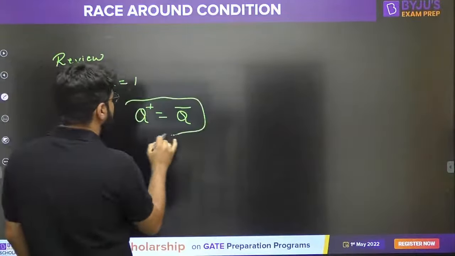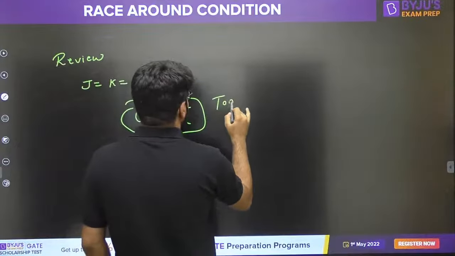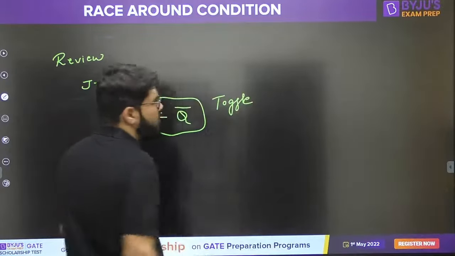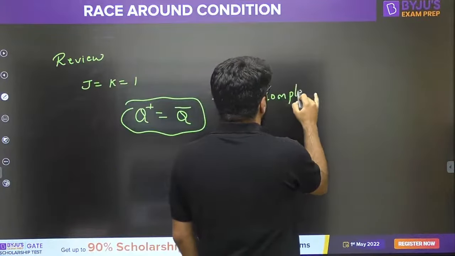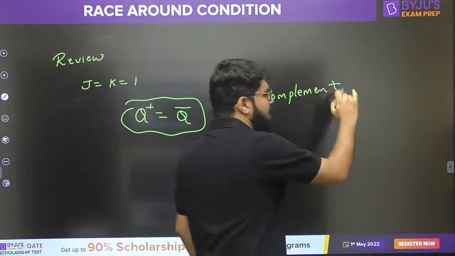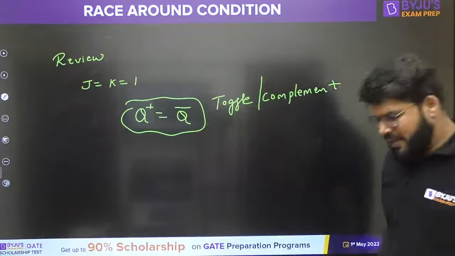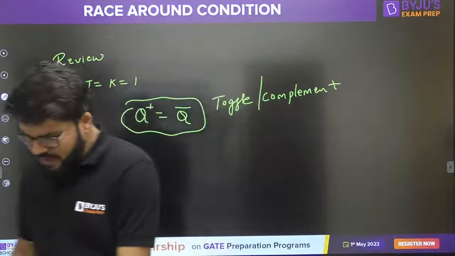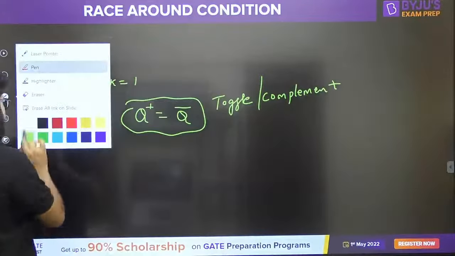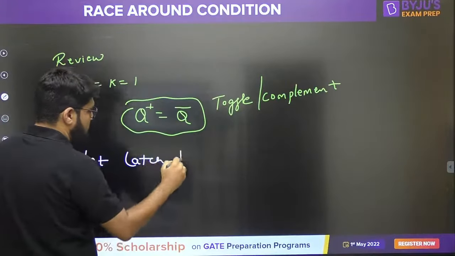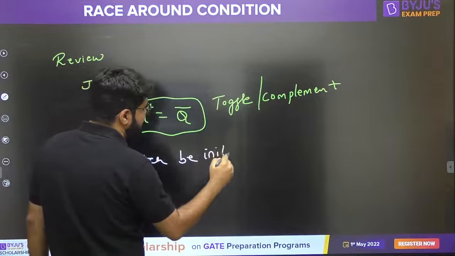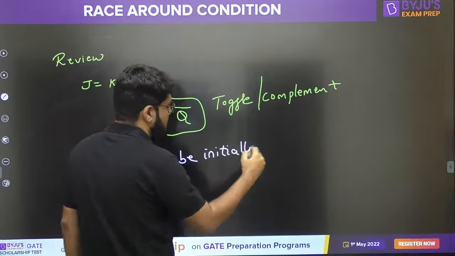So Q plus is equal to Q bar, and we were calling it the toggle state, or complement state. So whenever you make both the inputs high, the device gets complemented. Now let's say that you have a latch which is initially reset.